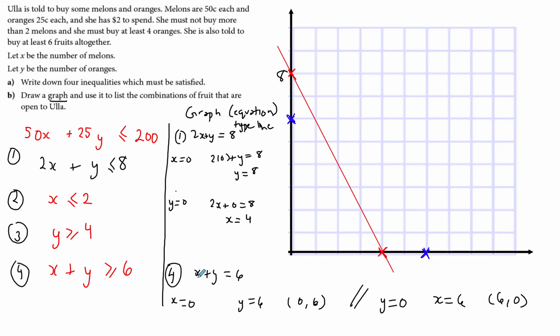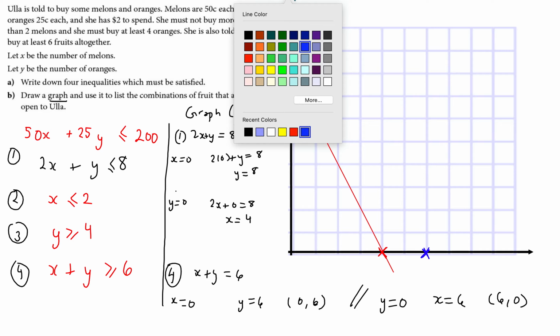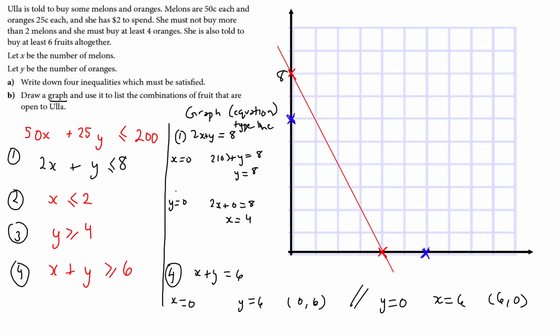Actually, for any equation where you have x plus y equals to a number, your answers are always going to be this number in both intercepts. So that's a trick to know, given that the x and y have a coefficient of 1. So let's graph this line.